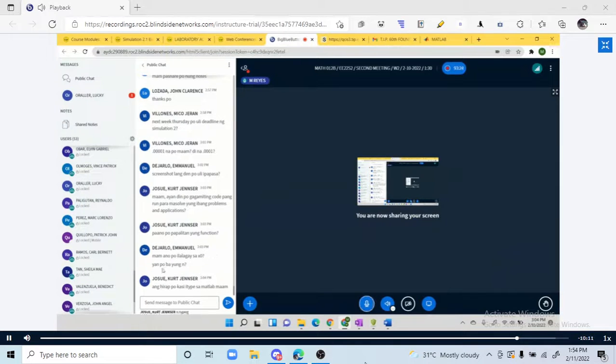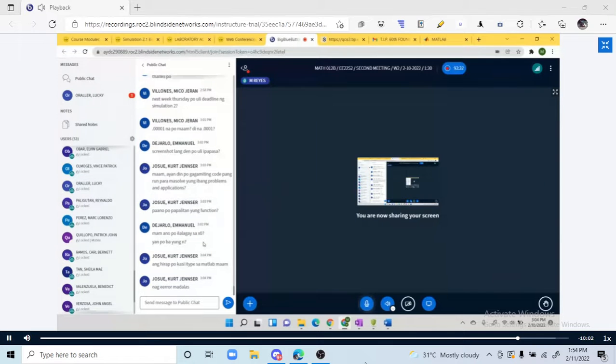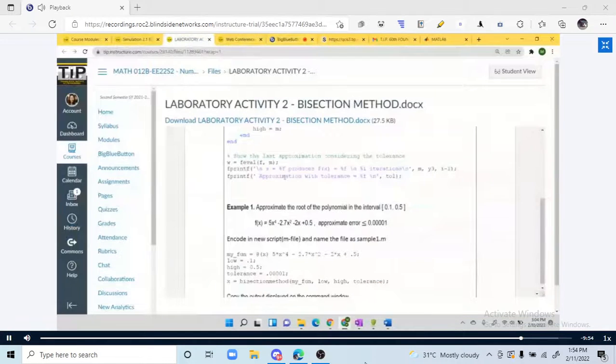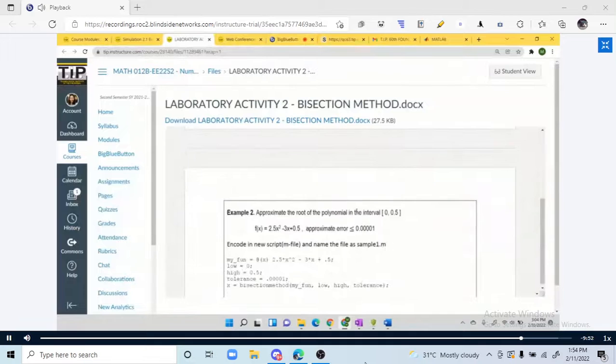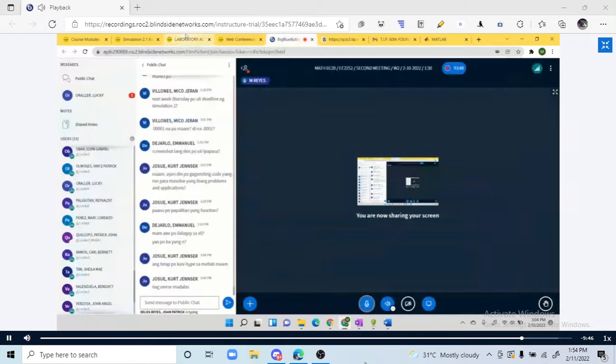Mamaya po ba ilalagay sa X? Yan po ba yung N? Paano po papalitan yung function? Like, anong function? Alin dito? To? Paano mo isusulat sa MATLAB?